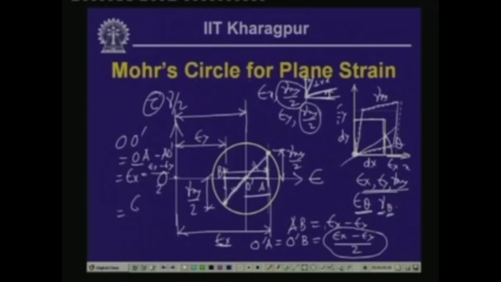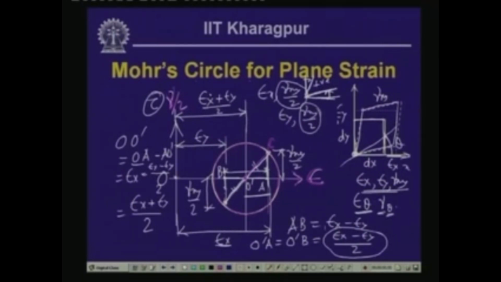This gives the value epsilon x plus epsilon y by 2. So, the distance from the origin to the center is epsilon x plus epsilon y by 2. Now, if we take O dash as the center and O C as the radius, and plot a circle, we get the circle which we call the Mohr circle for strain, wherein the axis in the x direction corresponds to epsilon, and the axis in the y direction corresponds to gamma by 2.